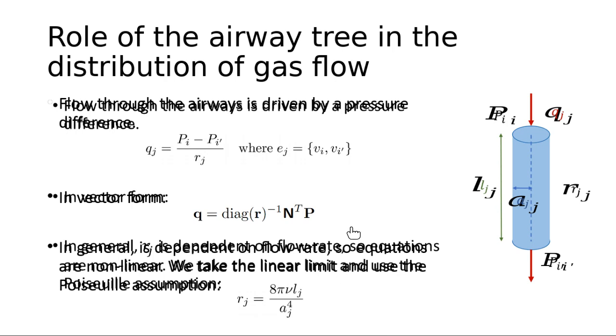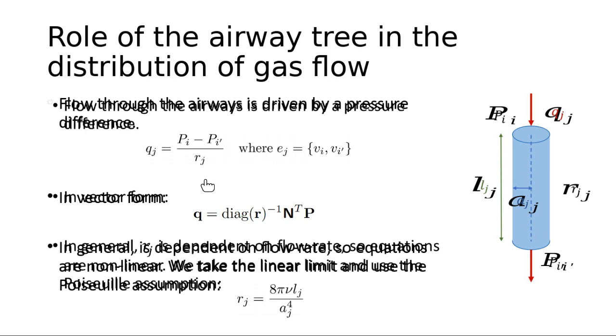Well, in a very, very simple model of the airways, we could think of the flow as being proportional to a pressure drop divided by a resistance. In general, airflow is not a Poiseuille flow, which is what we've used here. It's far from it. In many airways it's turbulent, or at least transitional.